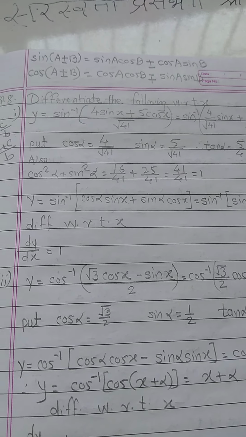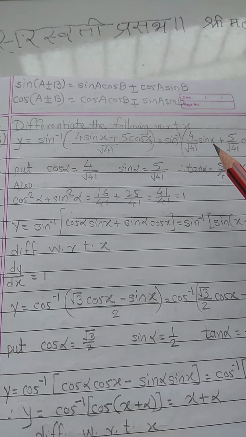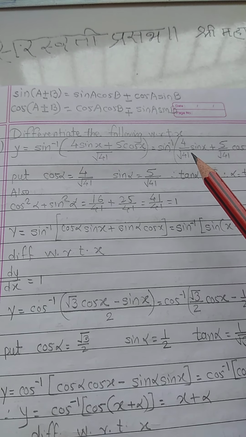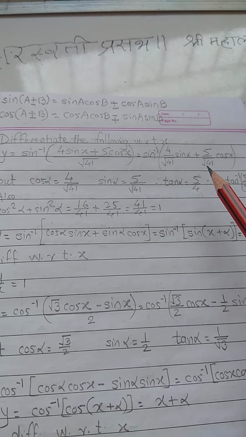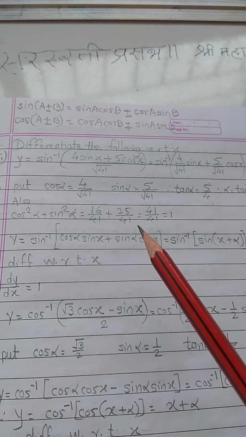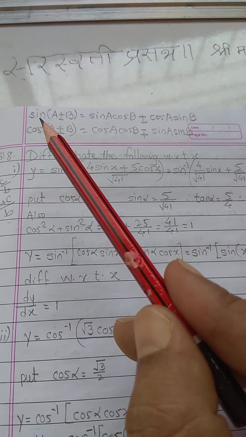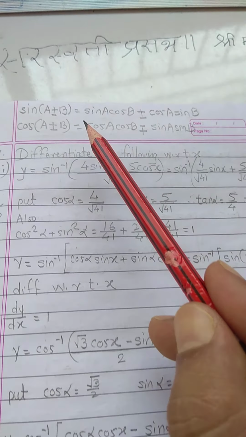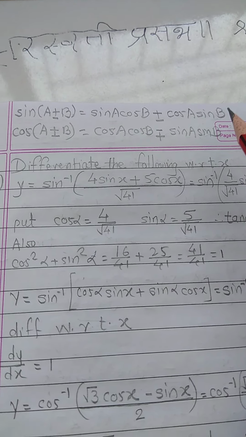Now we can have y as sine inverse of (sin x cos alpha, that is cos alpha sin x, plus sin alpha cos x). See here, sine of a plus b is always equal to sine a cos b plus cos a sin b.